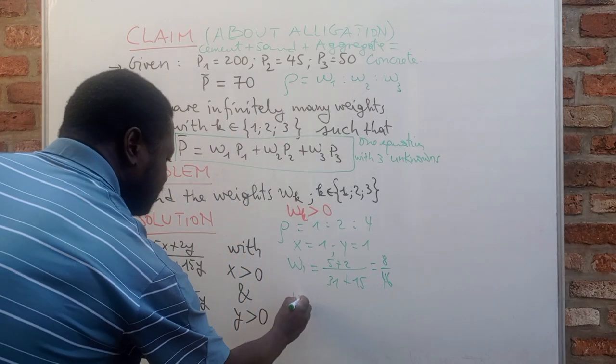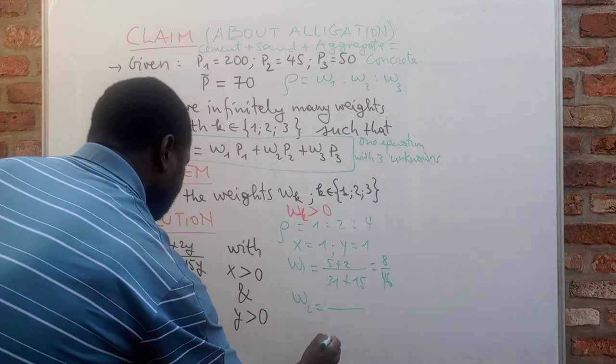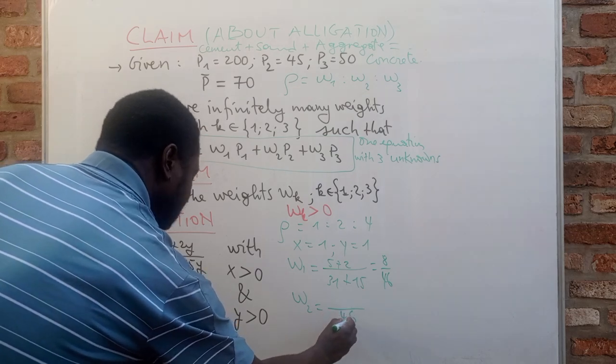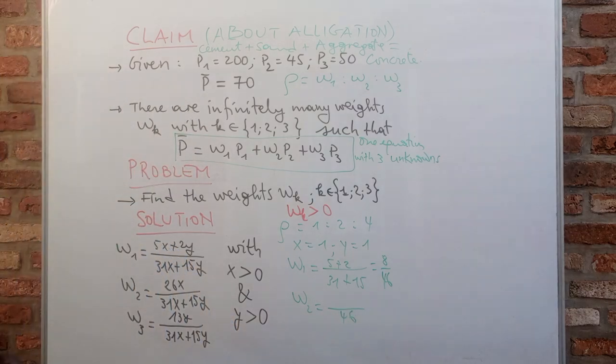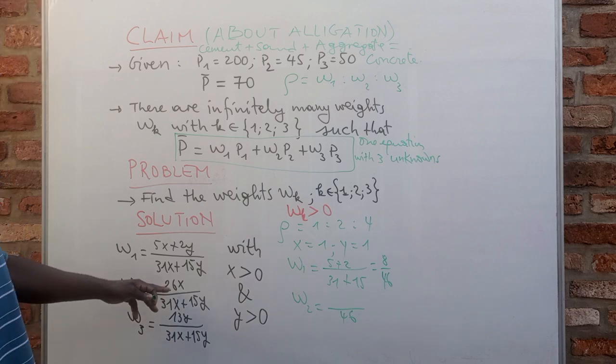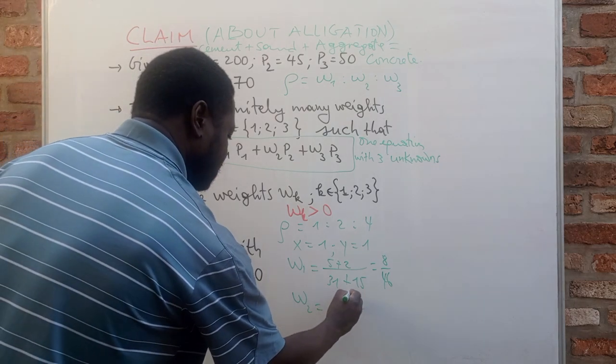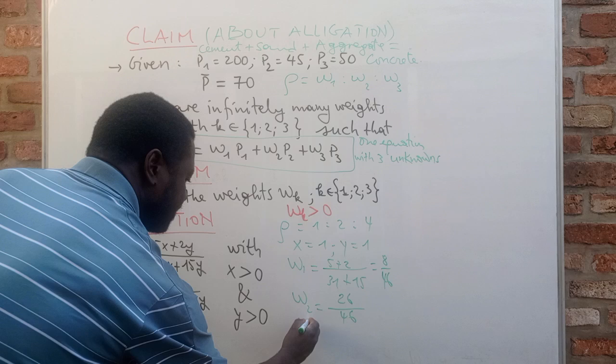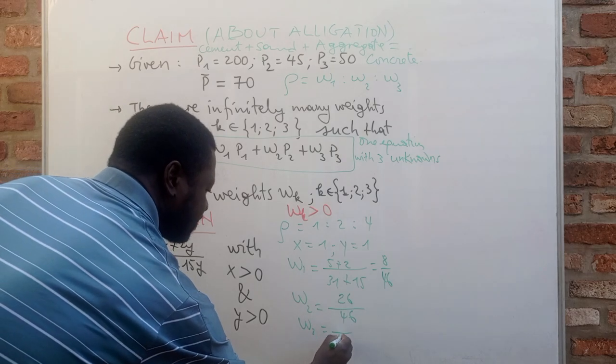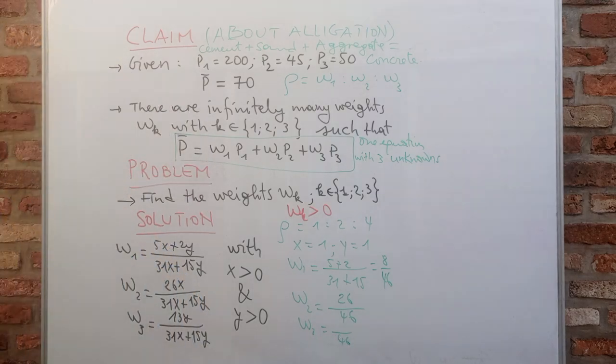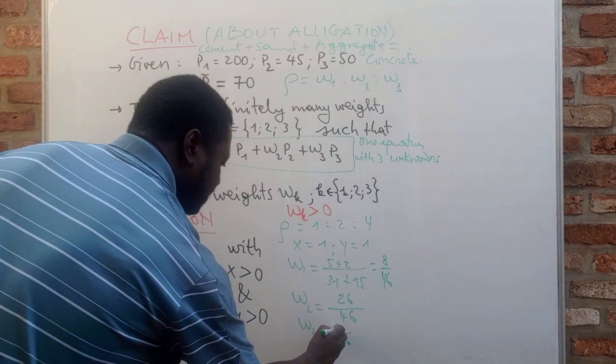Now omega 2 is going to be equal to something over 46, and the numerator is 26 times 1. Omega 3 is also something over 46, now 13 in this case.